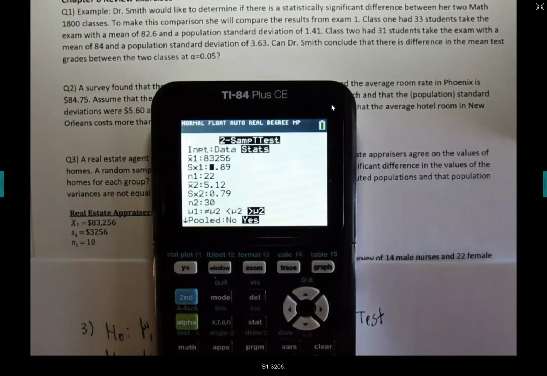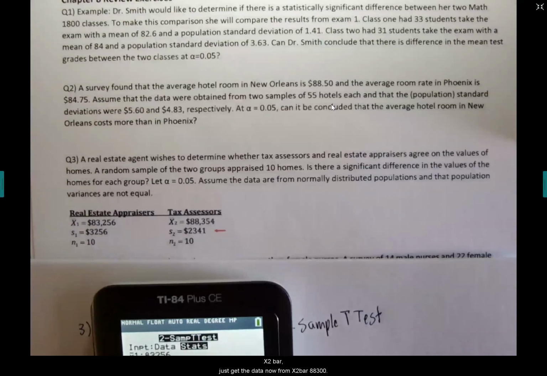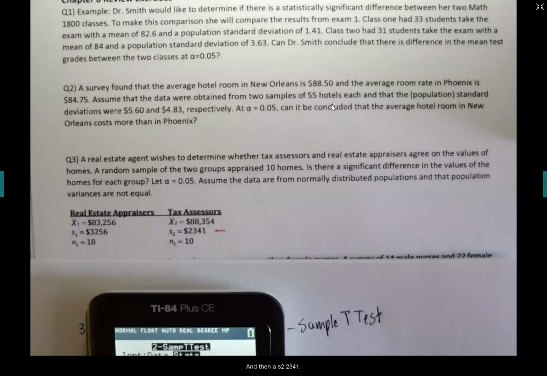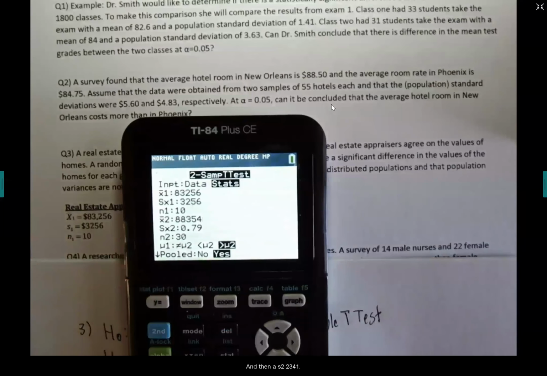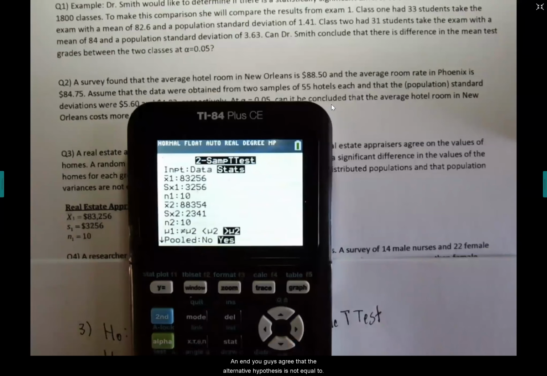S1, 3,256. N1 is 10. X2 bar, let me just get the data now, 88,354. And then S2 is 2,341. And N2 is 10. And you guys agree that the alternative hypothesis is not equal to.